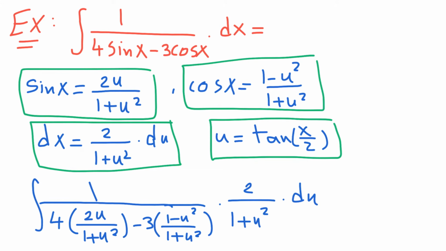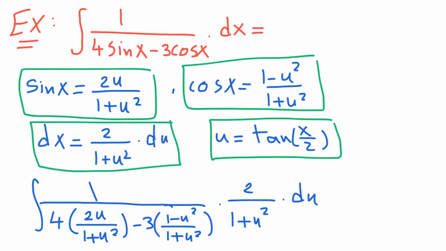As you see, I substituted 2u over 1 plus u squared for sine x in the problem, and 1 minus u squared over 1 plus u squared for cosine x, times dx, which is 2 over 1 plus u squared du.